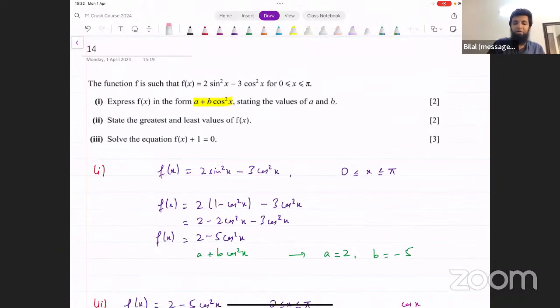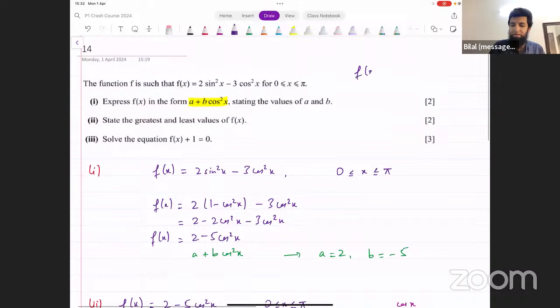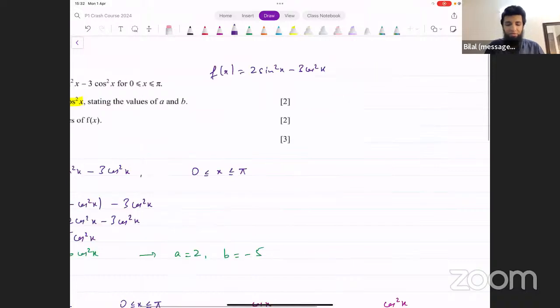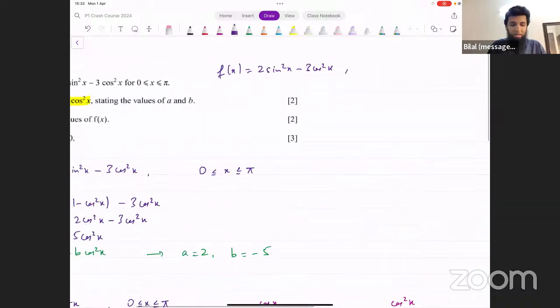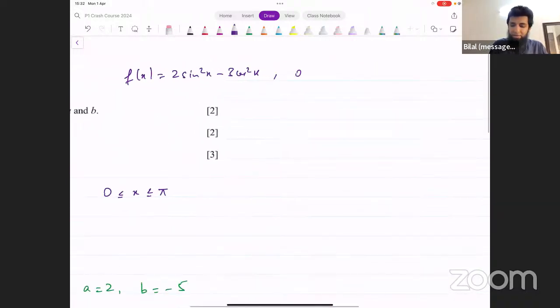could we do the same thing on this original function? So if they had given us f of x equal to 2 sine square x minus 3 cos square x, and asked us to find the range of this function, given that x is between 0 and pi.